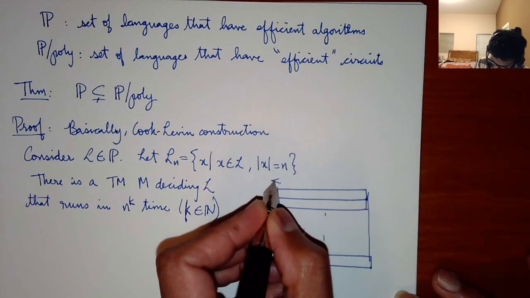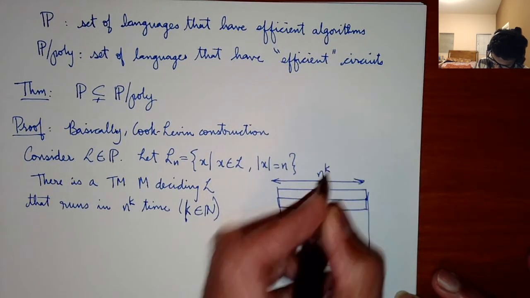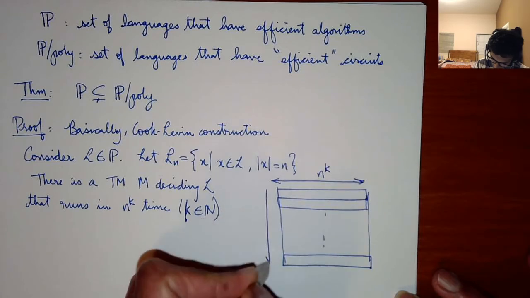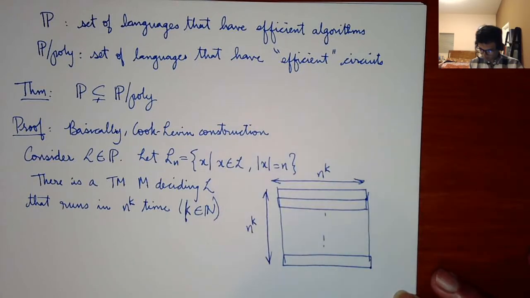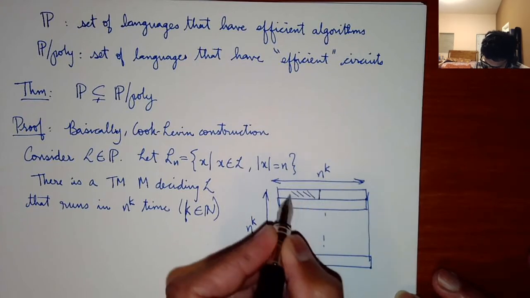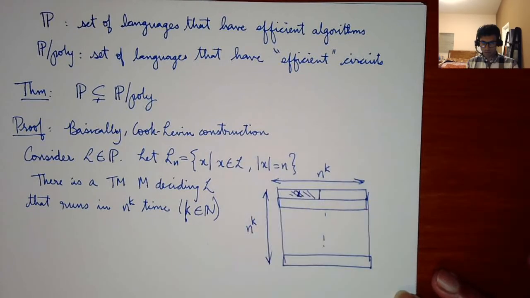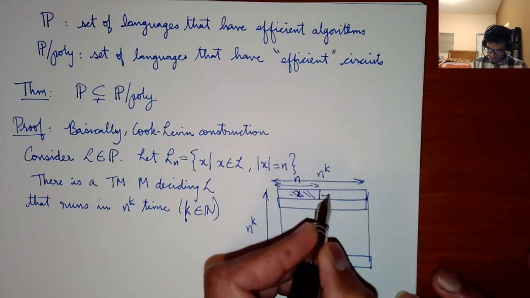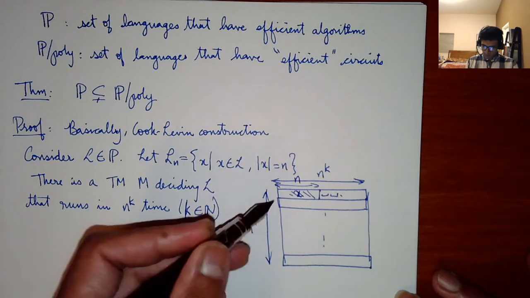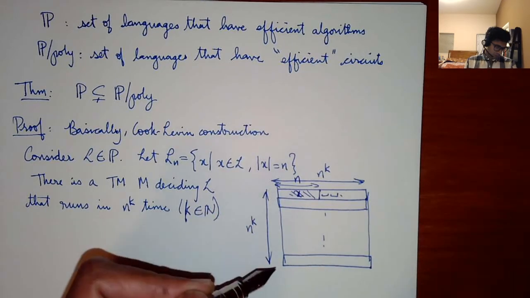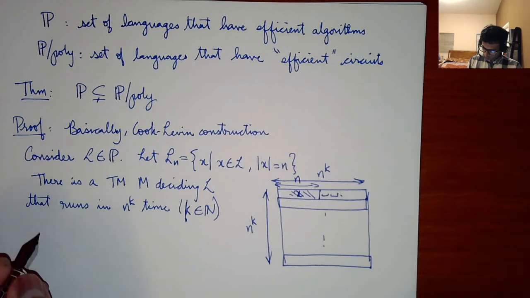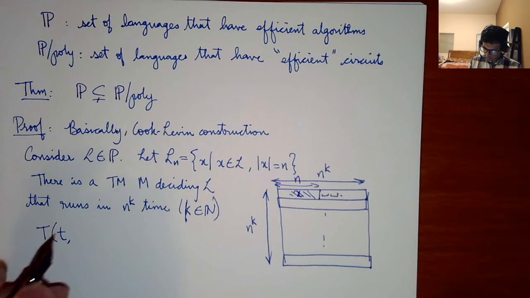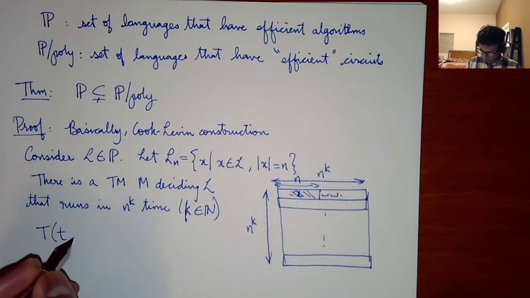So we can take the Tableau being n to the k times n to the k, and usually in the Tableau what happens is we can say x is written here. So this is only of length n. That's what x is, and all of these are going to be blanks.